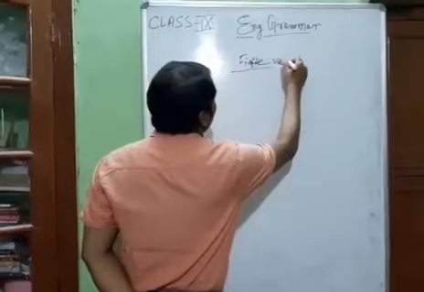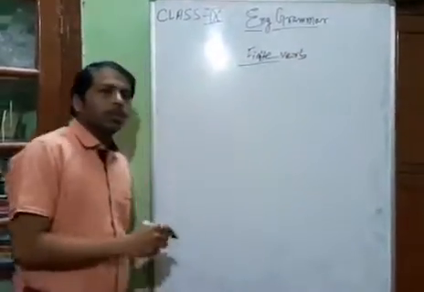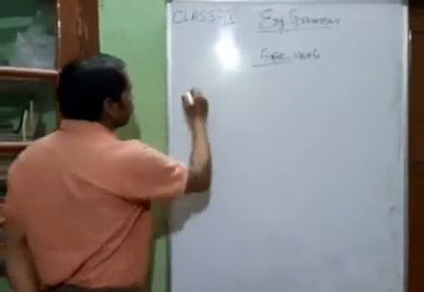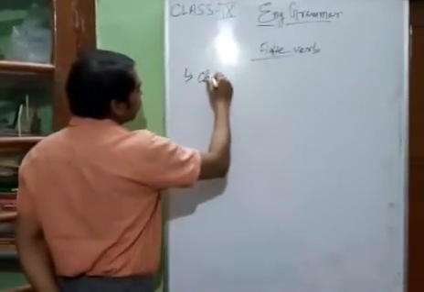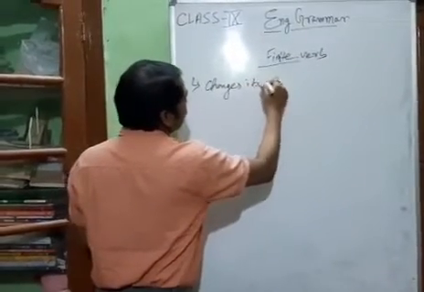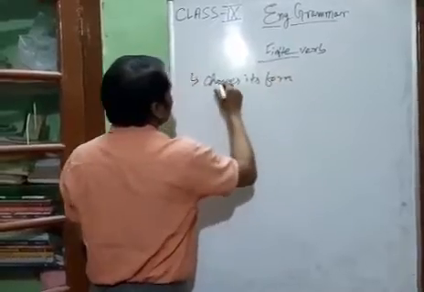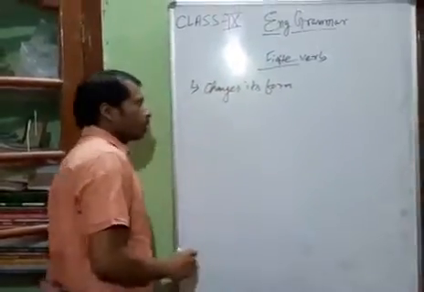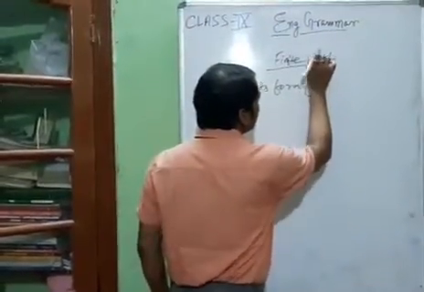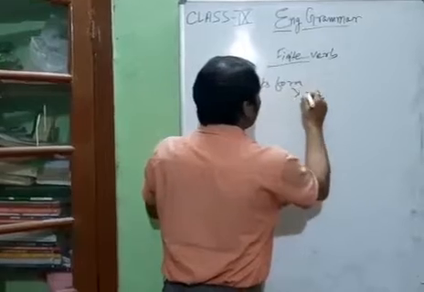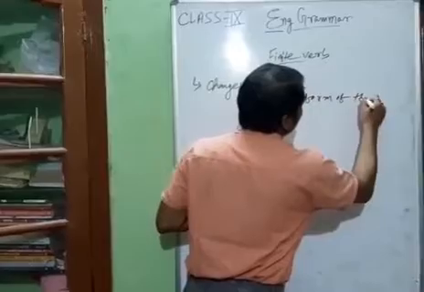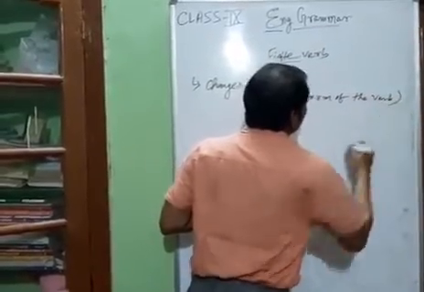Finite verb. What are the finite verbs? Finite verbs are those verbs which change their form. Form here denotes the form of the verb.